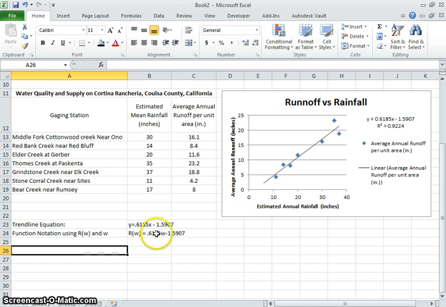Again, my numbers are different. These numbers should be different, but this is the method you will use. So that answers part A of 2.